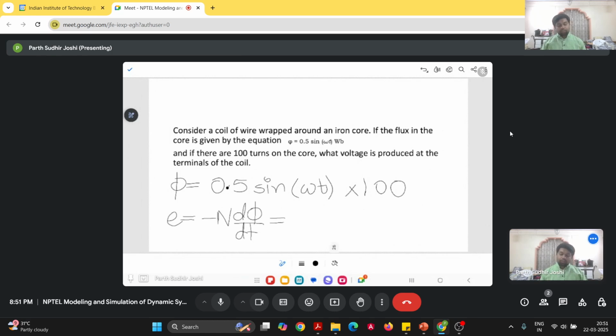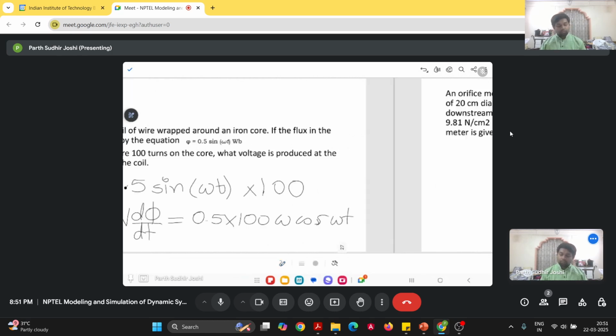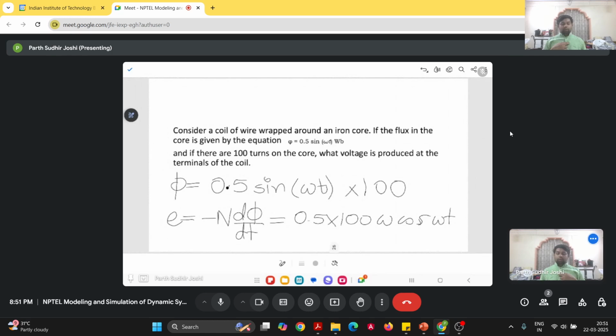So it will be 0.5 into 100 into omega cos omega t. So this is the expression for the voltage induced, which is basically 50 omega cos omega t.